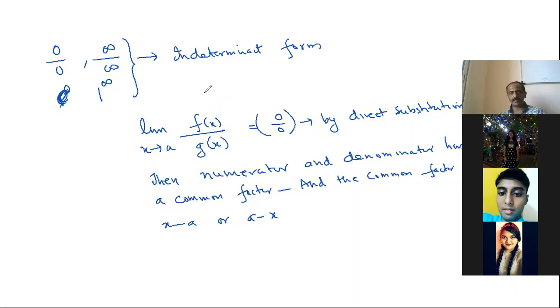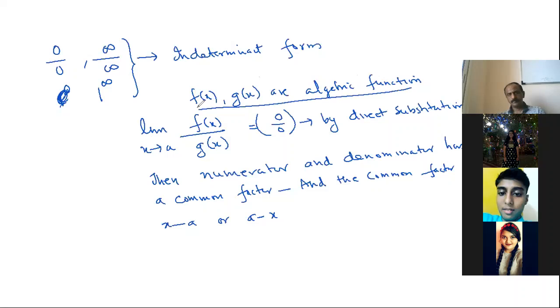Remember, f of x and g of x are algebraic functions. You know what is the meaning of algebraic function? X, x squared, x cubed, x raised to 5, all x powers present, it is called algebraic function.